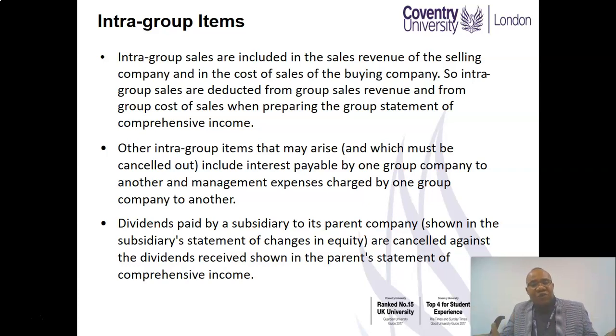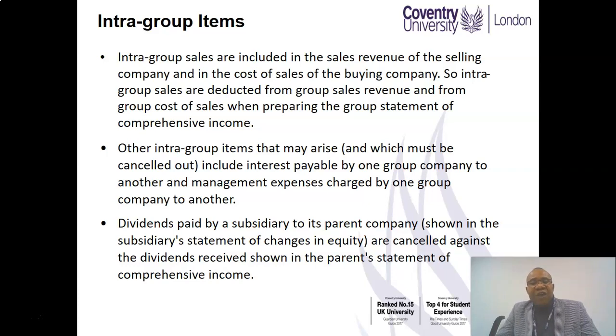Whilst this is good from the individual account's perspective, we cannot have that scenario when we prepare group accounts because those two companies are one. Therefore, we must eliminate the sales from revenue and also deduct the sales from cost of sales.